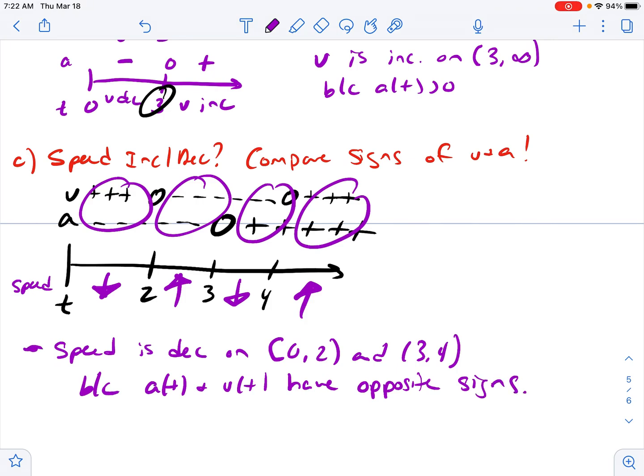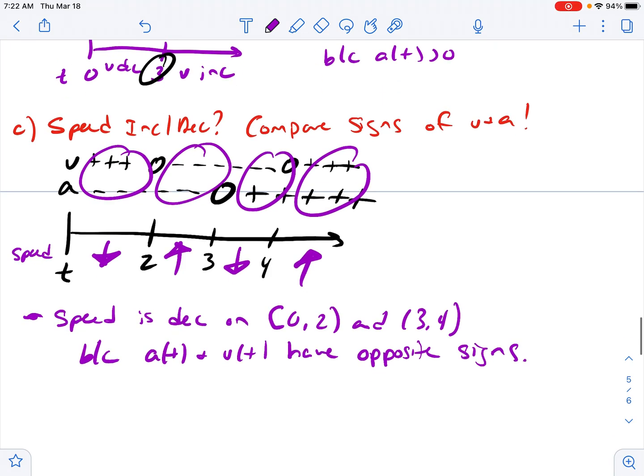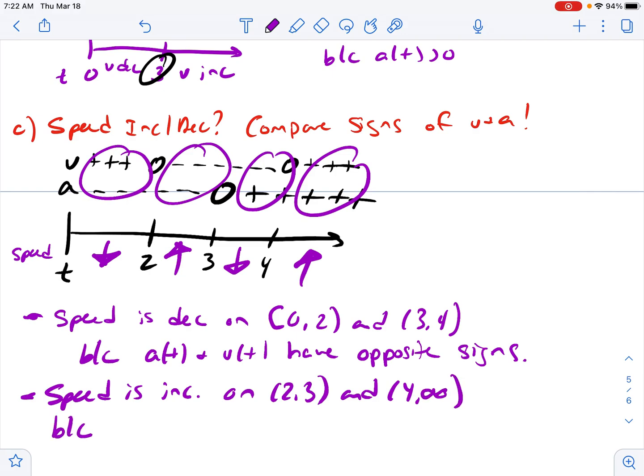All right, so speed is decreasing on (0, 2) and (3, 4) because that's where acceleration and velocity have opposite signs. Speed would be increasing on (2, 3) and (4, infinity) because acceleration and velocity have the same signs.